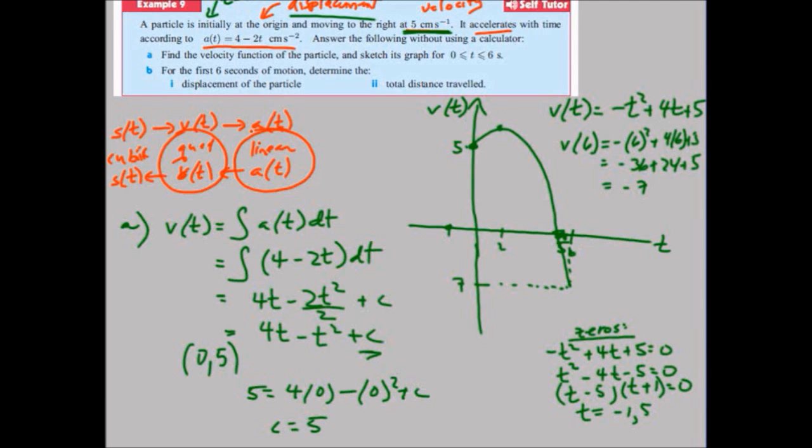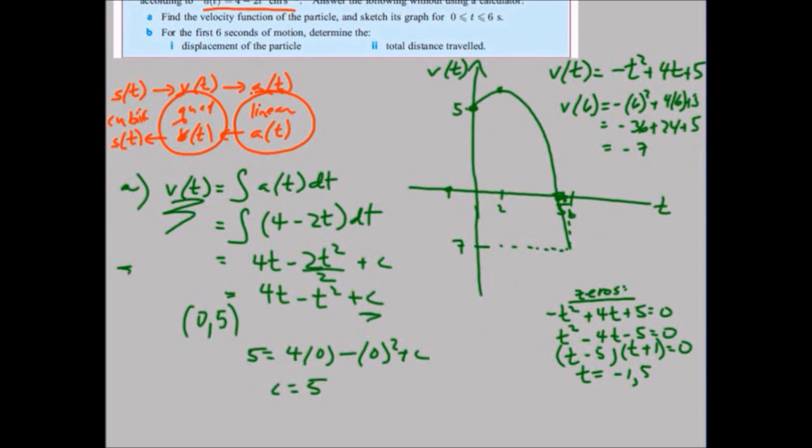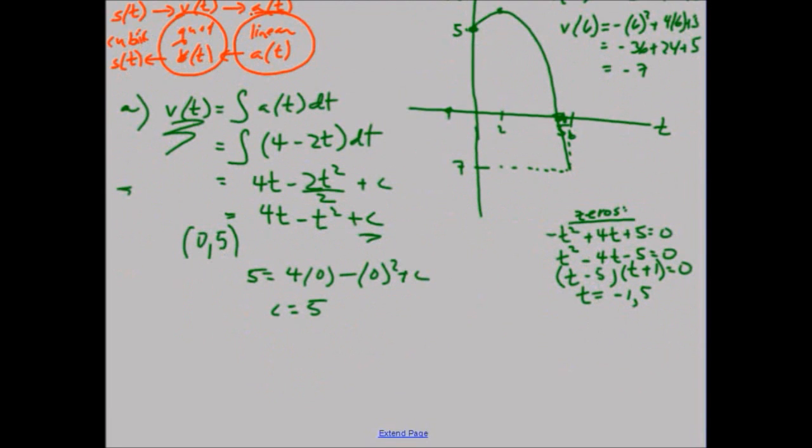Okay, B, for the first 6 seconds of motion, so from 0 to 6, determine the displacement of the particle. So displacement just means the end point, subtract the beginning point from our displacement. So far we have the velocity function here. We need to calculate the displacement function now.